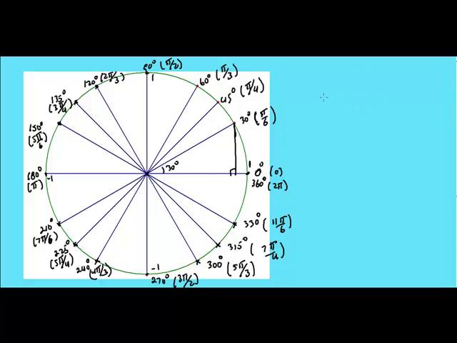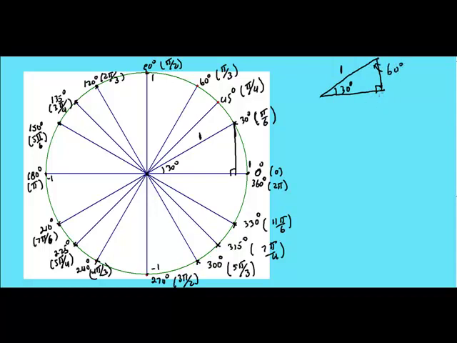So let's take a look at a 30-60 right triangle from your geometry. The distance from here to here is 1 unit. That's the radius, so that's 1, and that's 30 degrees, and that's the right angle, and that's 60 degrees.